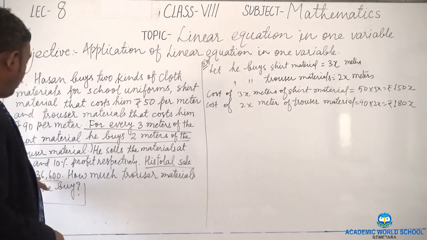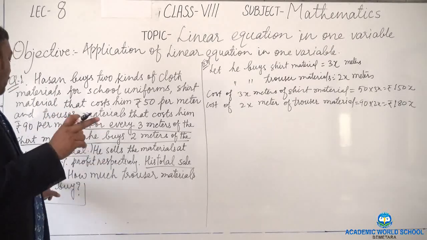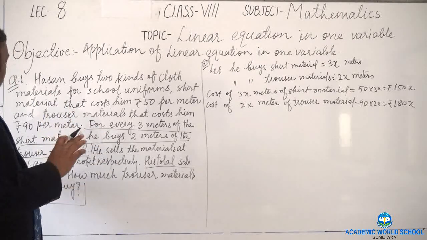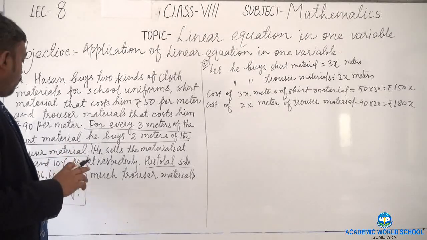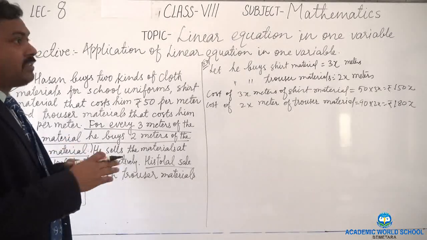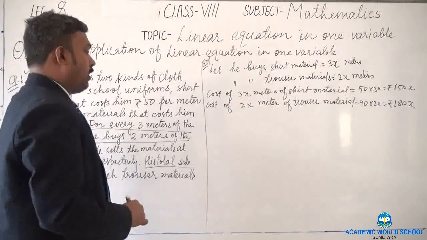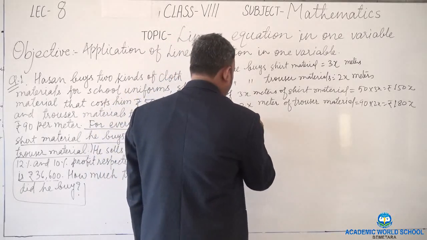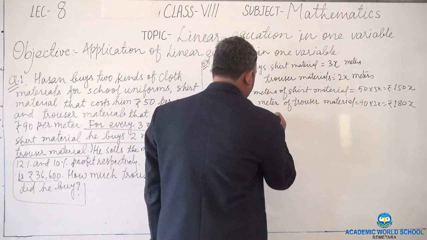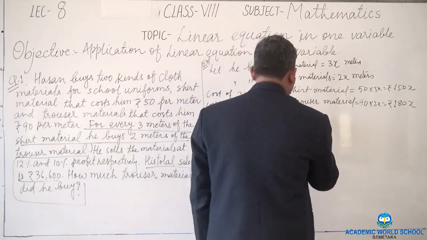You need to understand this. And the profit is 12%. Right. So we need to find the selling price of each of the materials. So we write here, selling price of shirt at 12% profit.